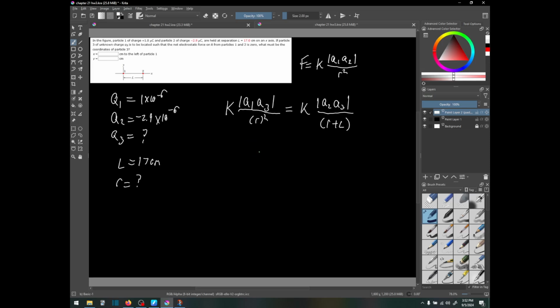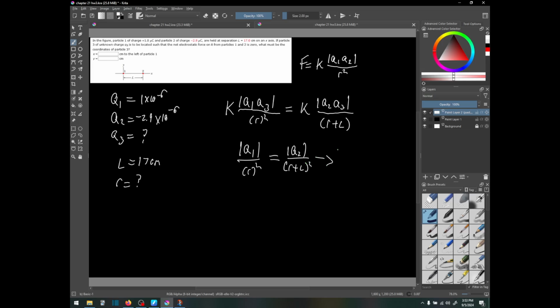We can then simplify this because we have k on both sides and Q3 on both sides. We can simplify this to just Q1 over R squared equals Q2 over R plus L squared.